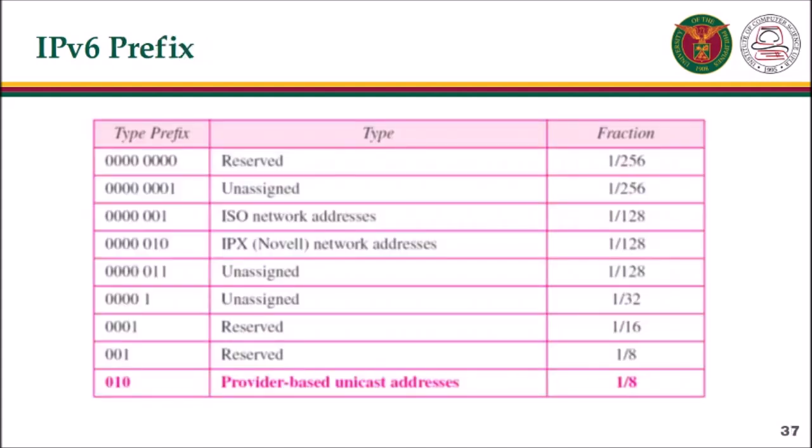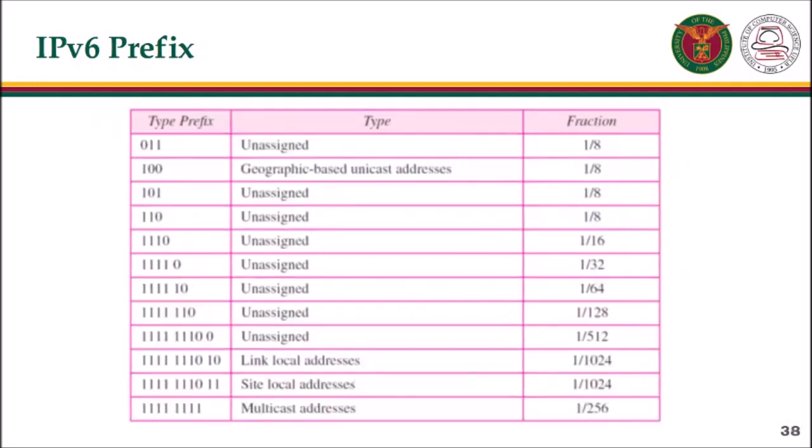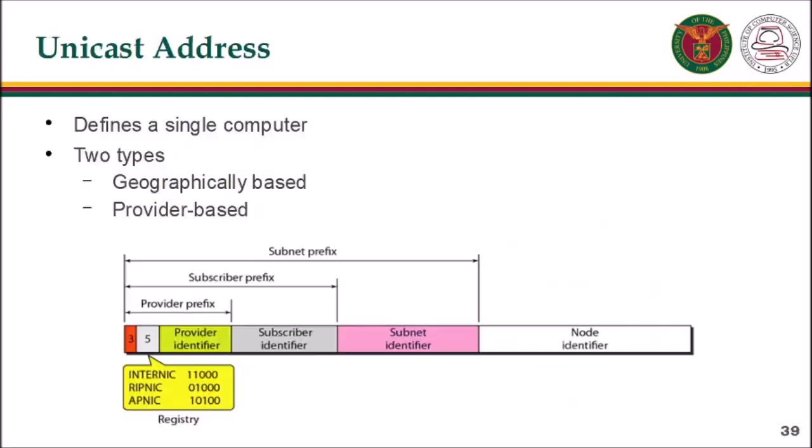Here are some of the IPv6 prefixes and the type. In IPv6, a destination address can belong to one of 3 categories: unicast, anycast, and multicast. A unicast address defines a single interface. The packet sent to a unicast address will be routed to the intended recipient.